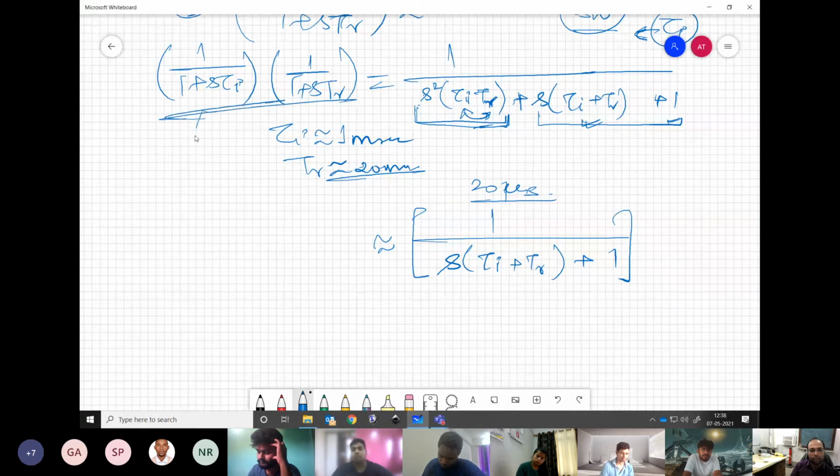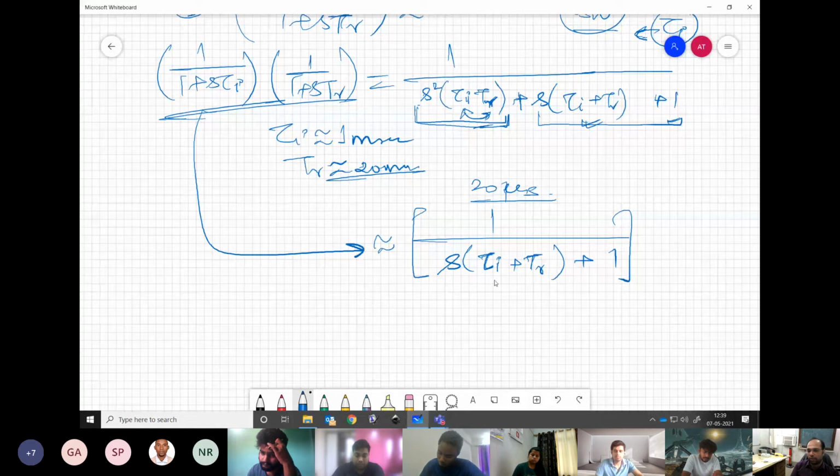So this system is approximated as another first order system where your pole is nothing but the sum of the two time constants, or the coefficient of s is nothing but the sum of the two coefficients. Understanding my point?